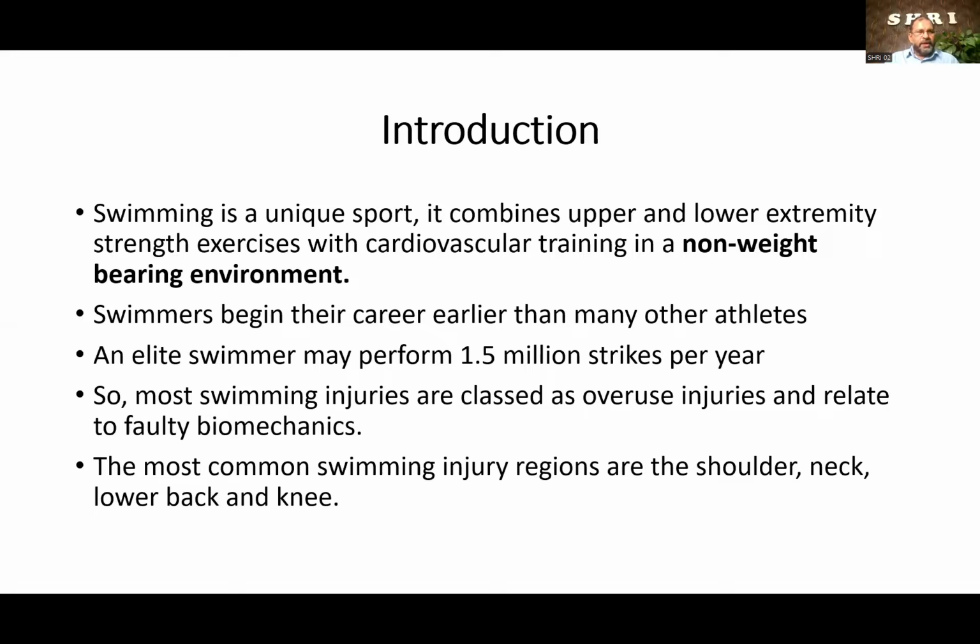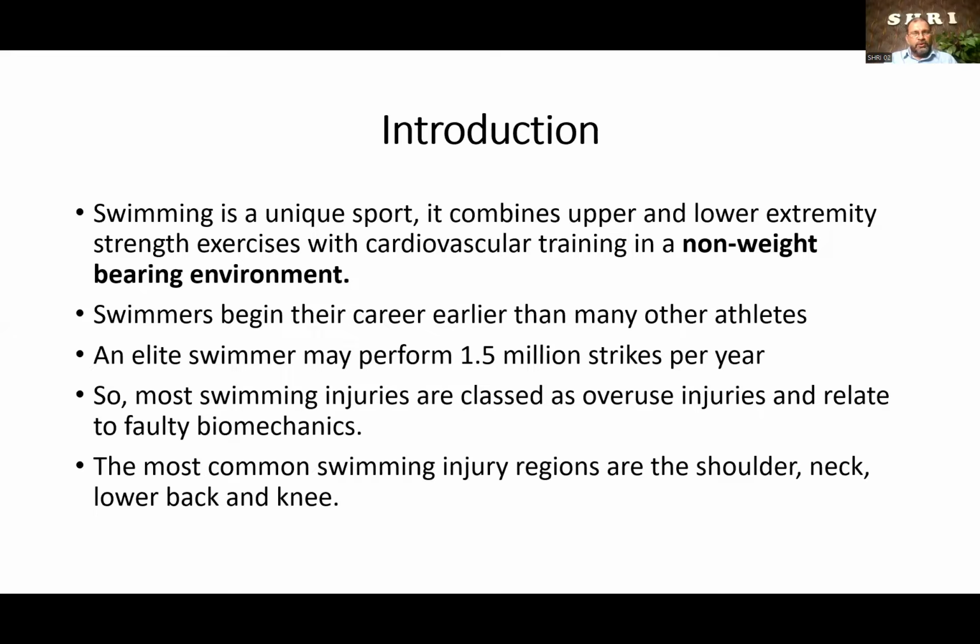And when we take international, that is elite swimmers, they may perform about 1.5 million, that is 15 lakh strokes per year. So it is a huge amount. So most swimming injuries are classed as overuse injuries. And these overuse injuries are related to faulty biomechanics.